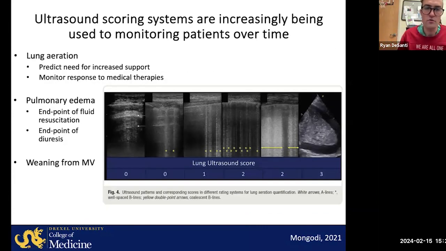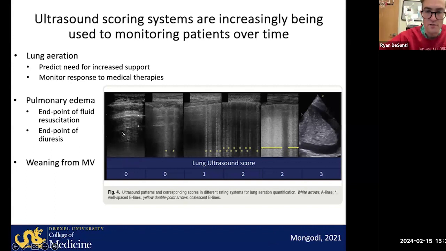And so ultrasound scoring systems are increasingly being used in research and in clinical care in order to monitor patients over time. The most well-established, at least thus far in the pediatric literature, has been the lung ultrasound scoring system.